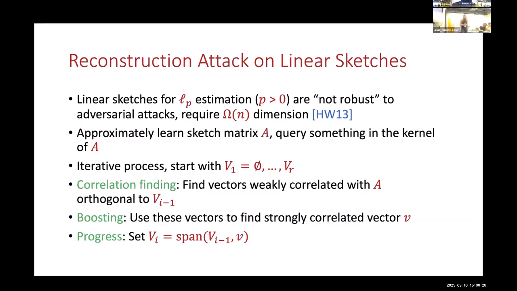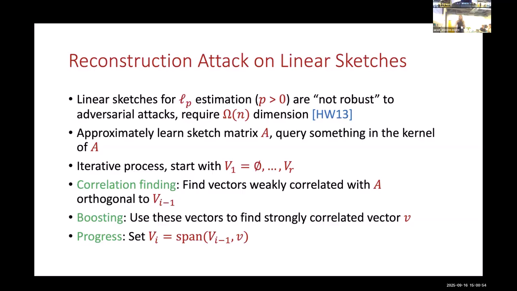This attack works in an iterative way. It starts with the approximate row space V1 being the empty set. It doesn't know anything about the approximate row space, and it will try to iteratively build up an orthonormal basis for it. The first step of every round is to find many vectors that are weakly correlated with the row span of A, but orthogonal to all of the previous vectors that we found before.